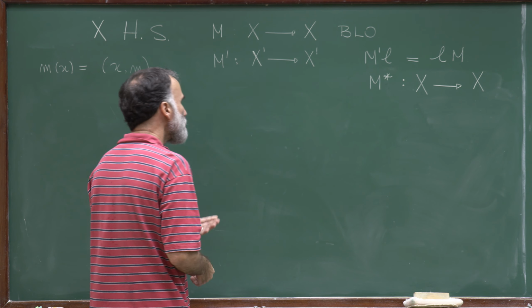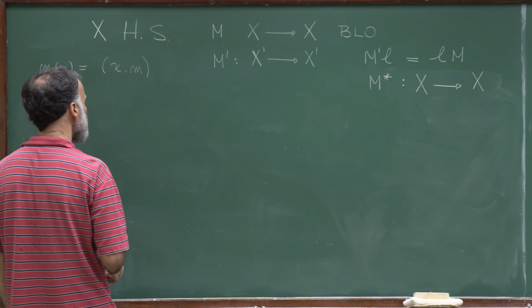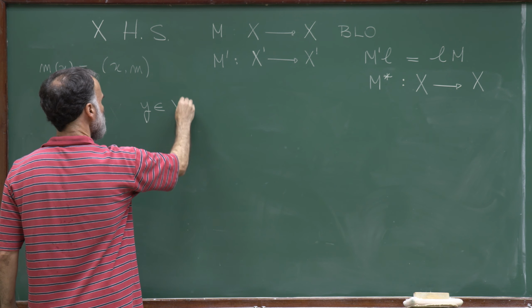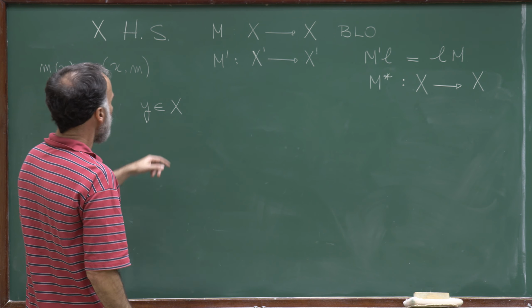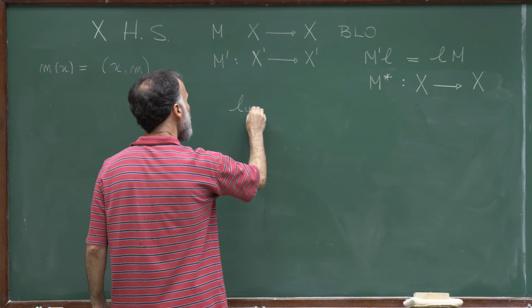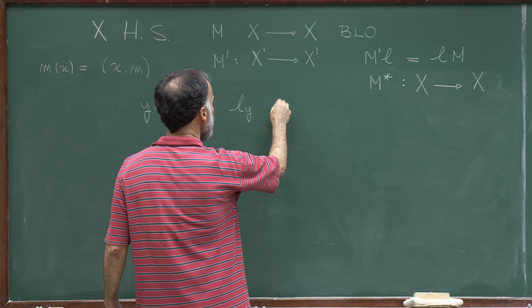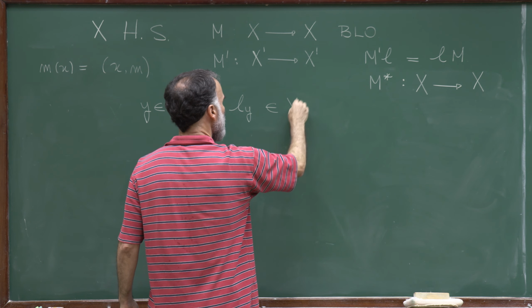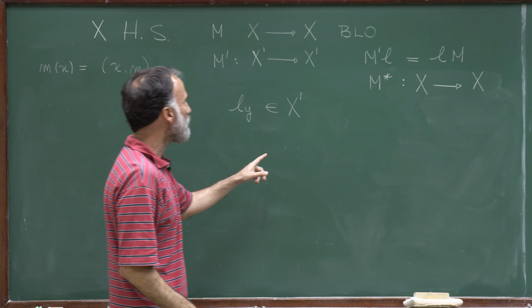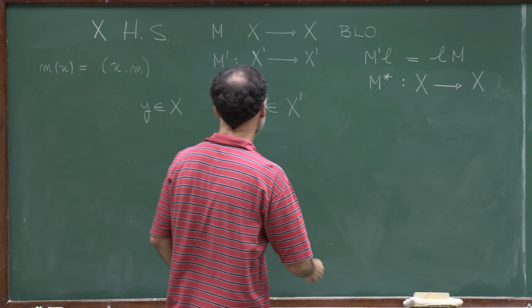And how do I define M star? So fix y in X. We have seen that with this y I can define a bounded linear functional L of y, which is an element of X prime. Once I have this element of X prime, I apply M prime.